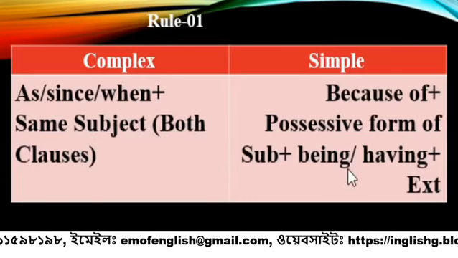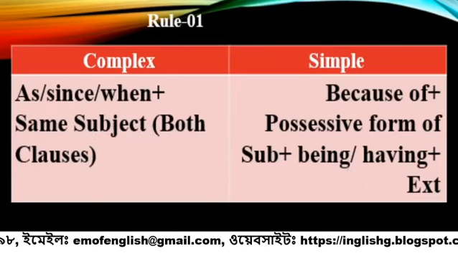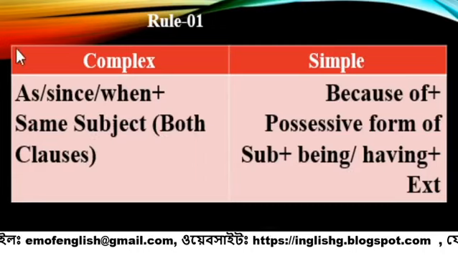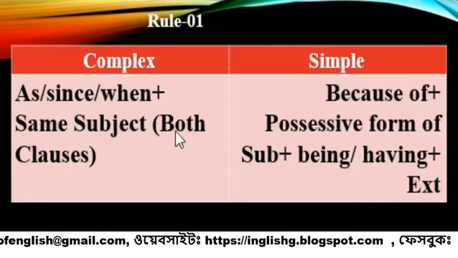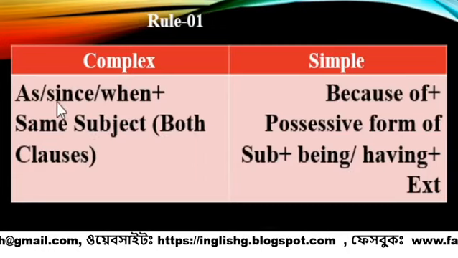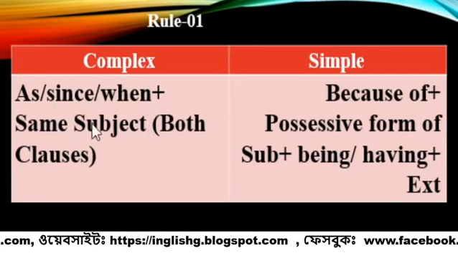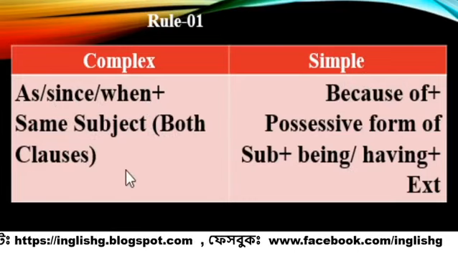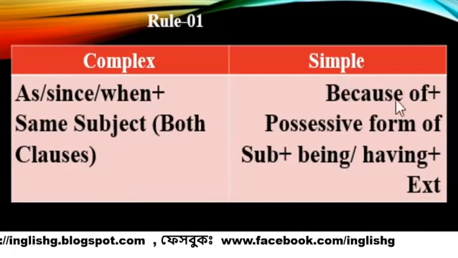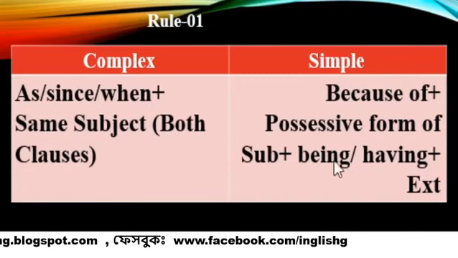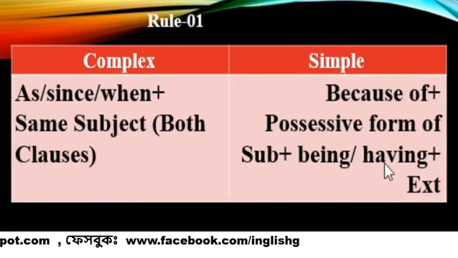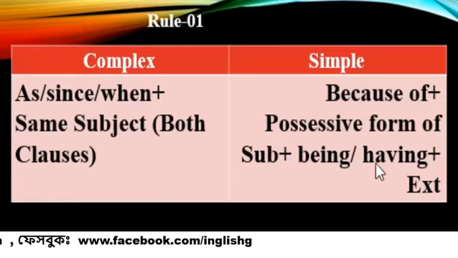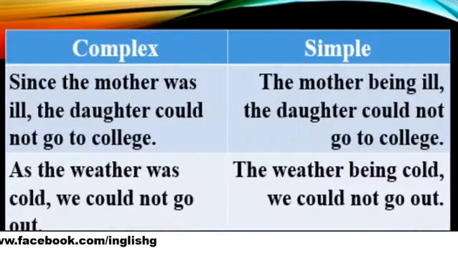So these are the rules of as, since, when from complex to simple. The main fact is as, since, when plus the same subject in both clauses, then because of plus the possessive form of the subject plus being or having plus extension. I think you all have understood. Let's go to the next example.